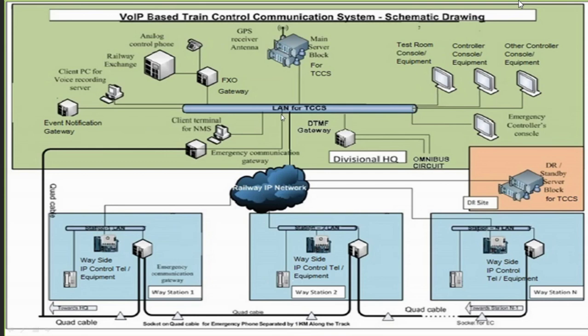We are having different telephones for way station usage. One is the 4-wire way station control telephone. The specification is IRS TC60 2007. Nowadays, we are using it with quad cable or our OFC circuit. We are using this conventional system, the 4-wire way station control telephone.